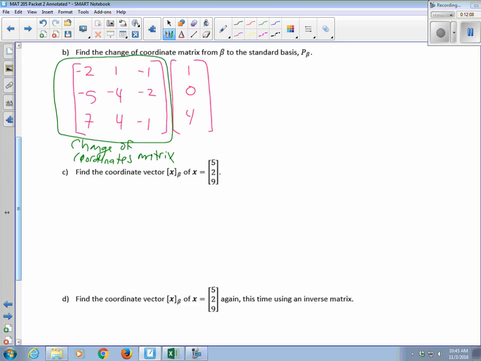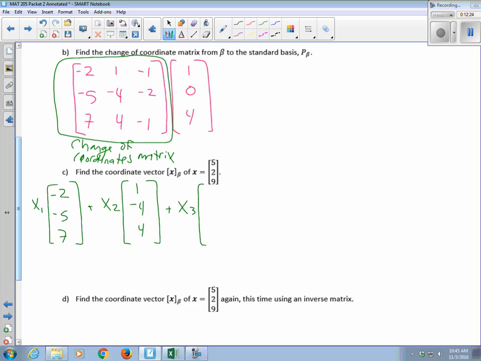So I'm going to put an x1, some unknown weight on my first basis vector, x2 on my second basis vector, and x3 on my third basis vector. And I need that to create (5, 2, 9). How do you solve that?